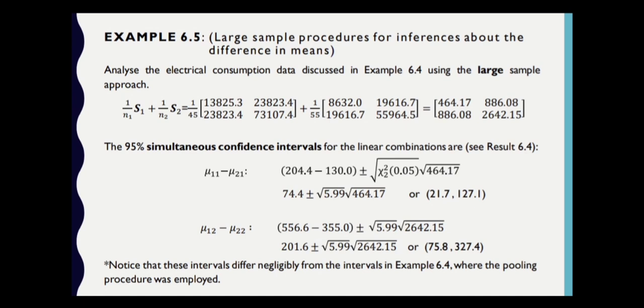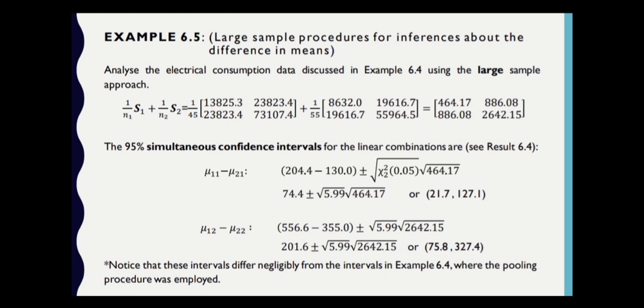Okay, let's say kita gunakan example yang sama tadi, which is the electrical consumption for the homeowners with air conditioning and without air conditioning. We have the information about the min vector and also the variance covariance metric for each of the population.